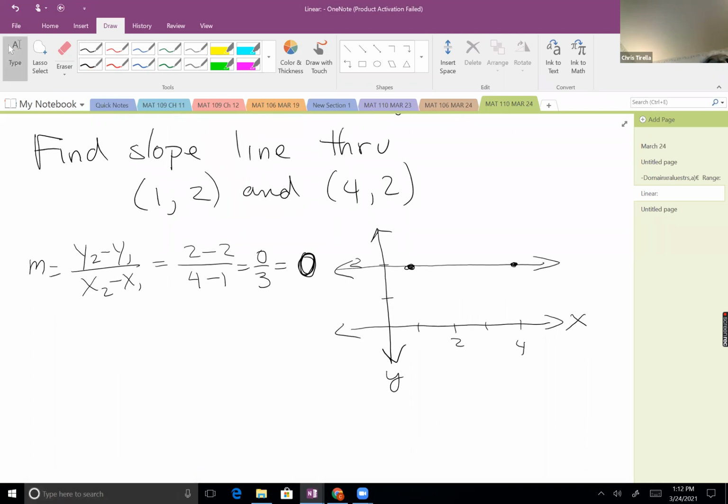Did anybody else for this one get a slope of 0? Yes. And if I look at my line, do you notice that if the slope is 0, it's a horizontal line? Because in order to be a 0 slope, the y values are the same. So if the slope is 0, we have a horizontal line.